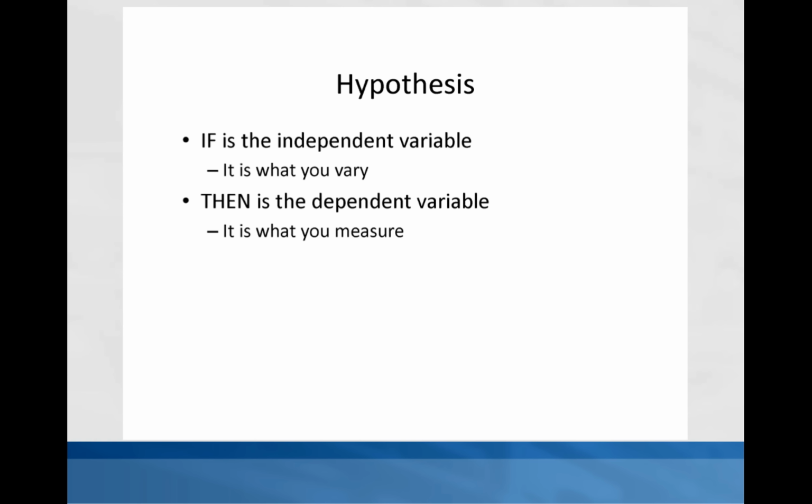That's the dependent variable. Those are terms you're going to have to get used to. Variable is your unknown, or the thing you're changing, the thing you're testing. A variable can change. A constant does not. A constant, like 10. 10 is 10. It's not a variable.